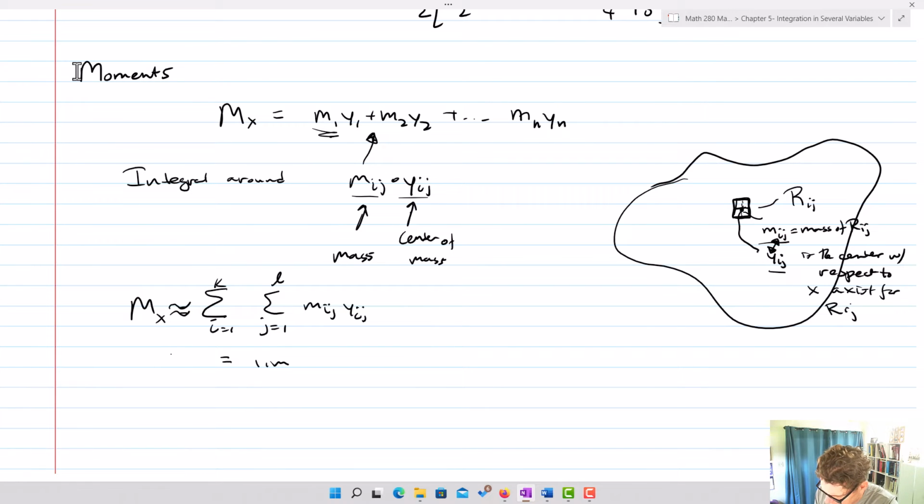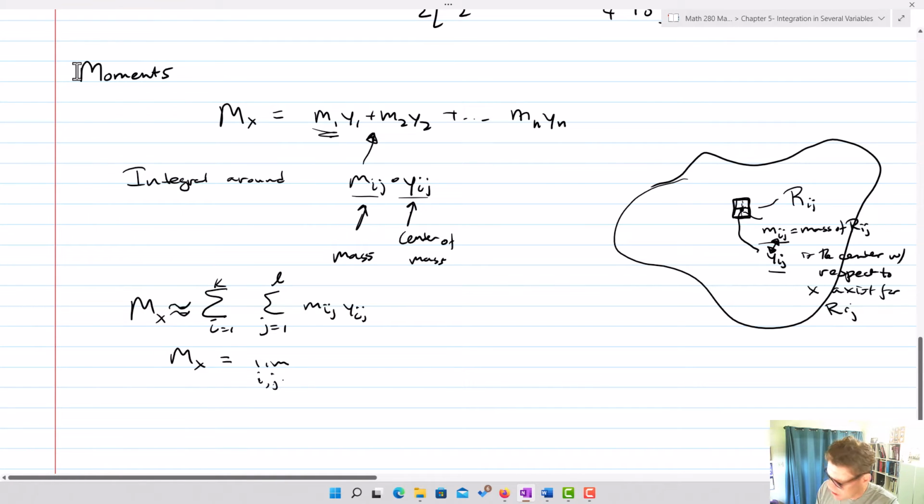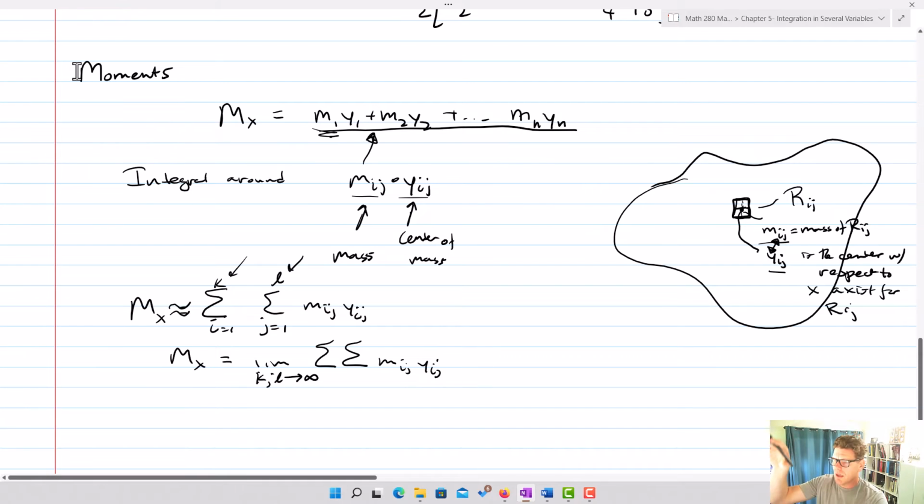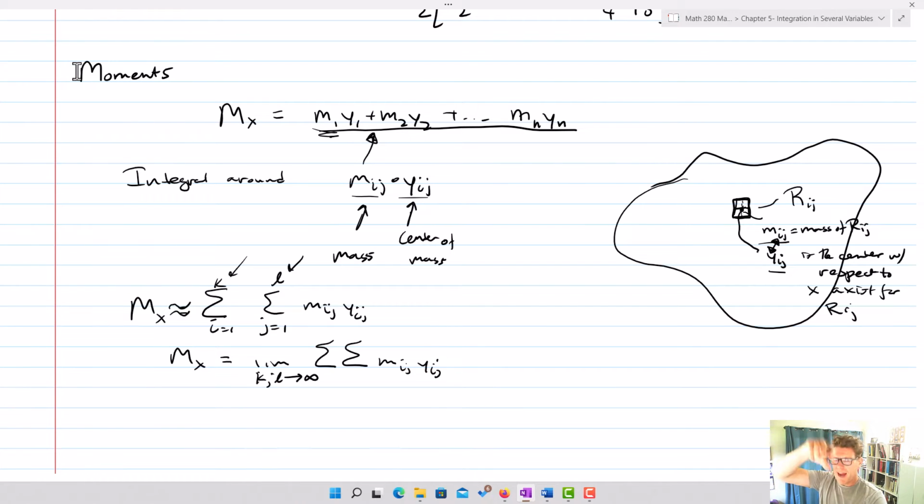The actual moment is going to equal the limit as k and l, our top values, go to infinity of the double sum of Mij Yij. That's all it's saying: sum up all of the masses times the y coordinate.